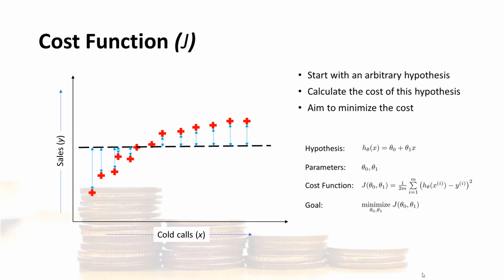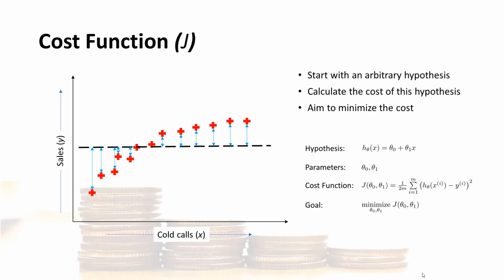Now ideally this cost should be reduced to a minimum, and that is the aim of a machine learning process. The machine tries to reduce this cost function or this error to a minimum, and in that process it tries to change the hypothesis which it started with.